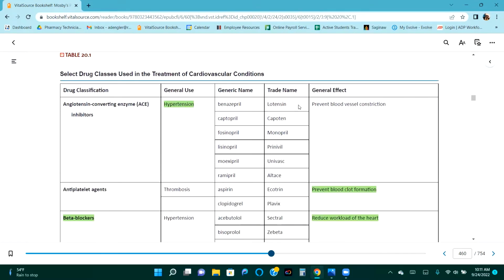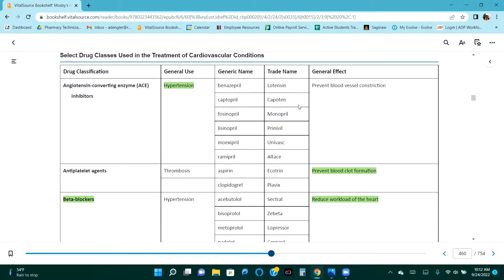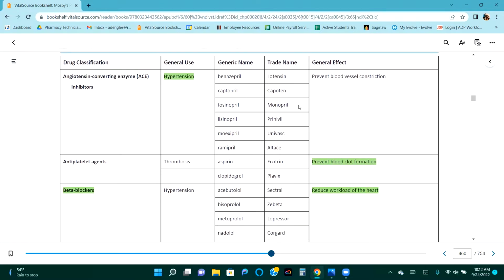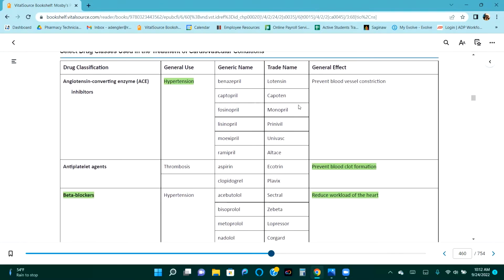Table 20.1 lists select drugs used in the treatment of cardiovascular conditions. So you can see for angiotensin converting enzyme, I've highlighted that the general use is for hypertension. If you look at all of these generic names here, they all have pril as a common ending, and their general effect is to prevent blood vessel constriction.